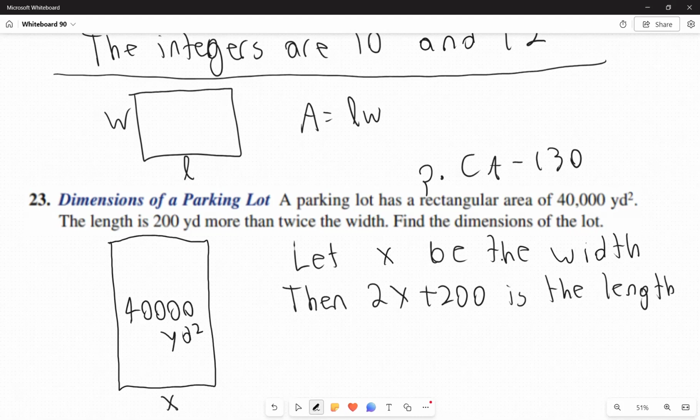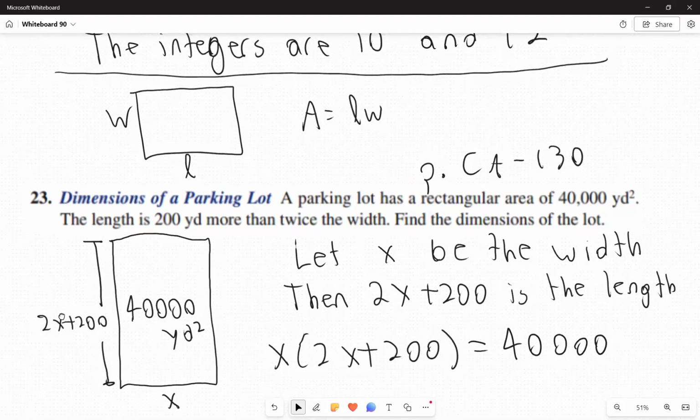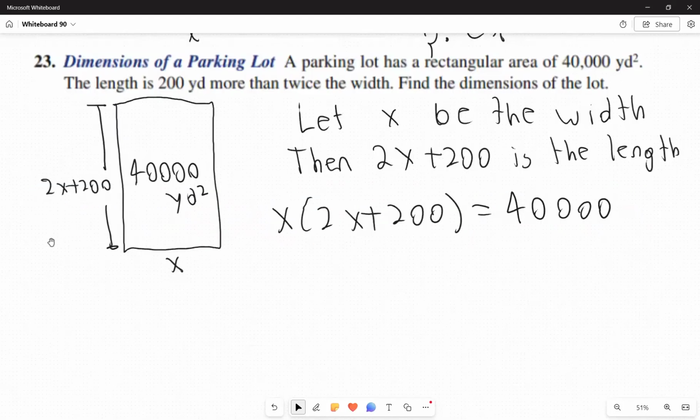So this is x, and this is 2x plus 200. So from this formula, A equals length times width, now we can tell that x times 2x plus 200 is 40,000. So we need to solve this quadratic equation for x.